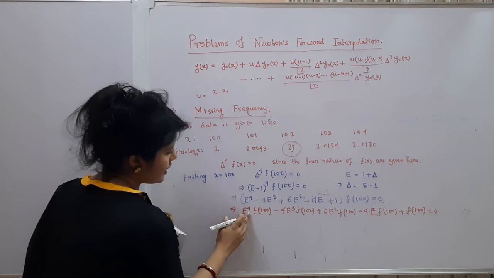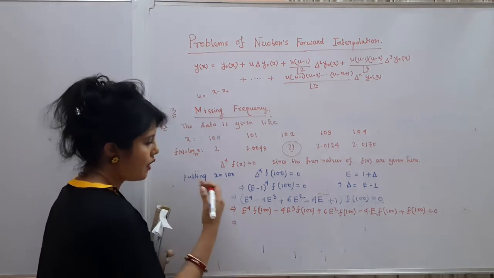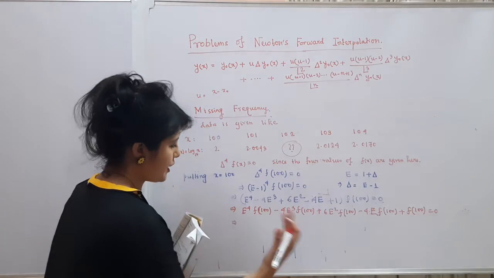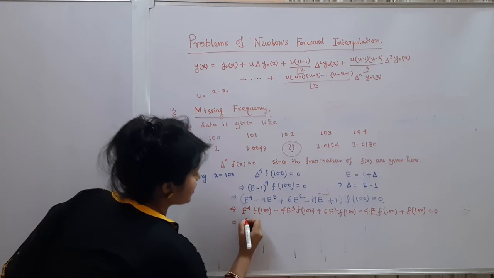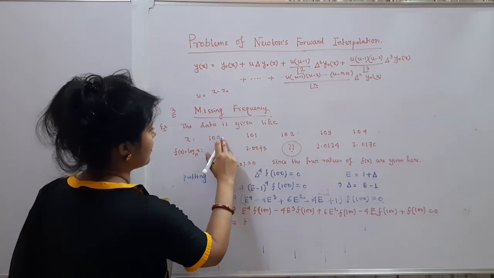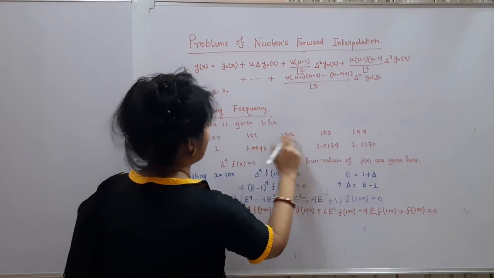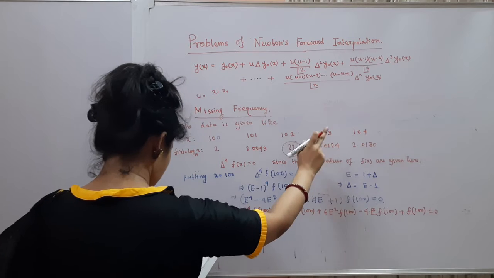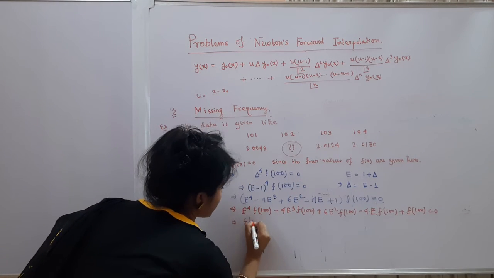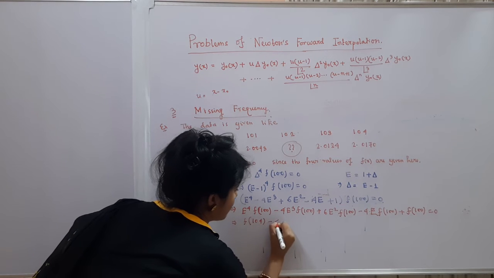So since E to the power 4, therefore 4 movements will be assumed. So it will be moved by 4. So therefore 100, 101, 102, 103, 104. Okay, so 1, 2, 3, 4, 4 movements. So therefore f of 104.